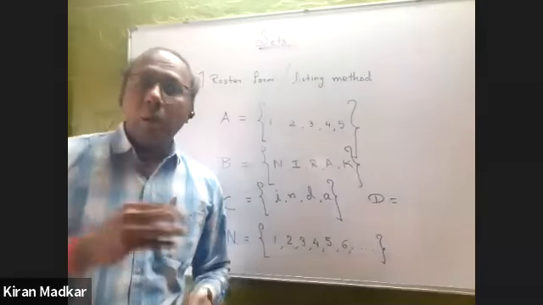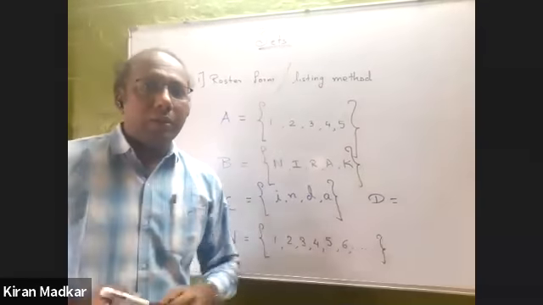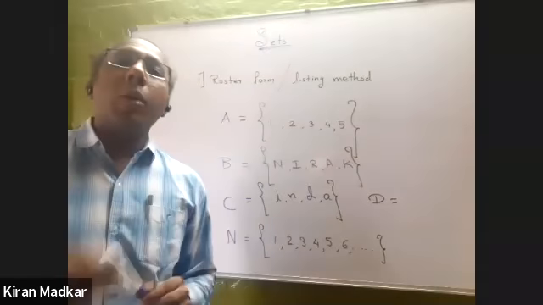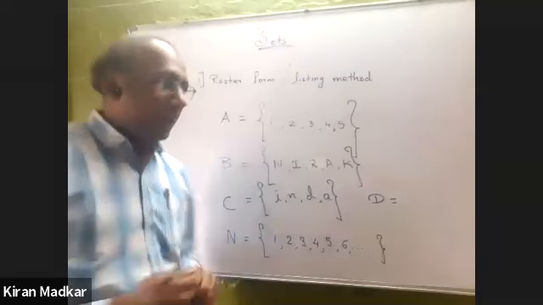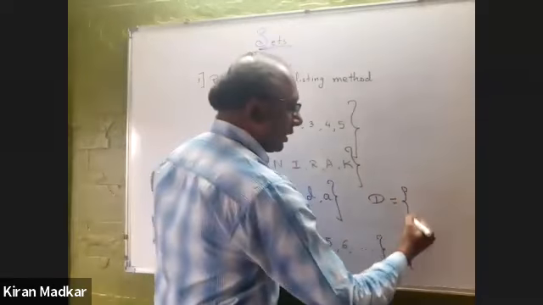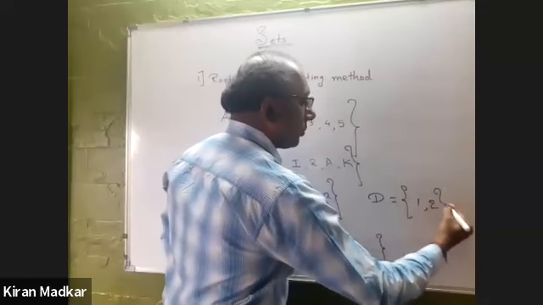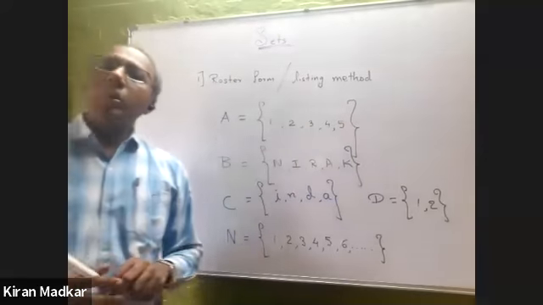There is a number 121, 11 square is 121, everyone knows. So I'll say D consists of 1, 2.